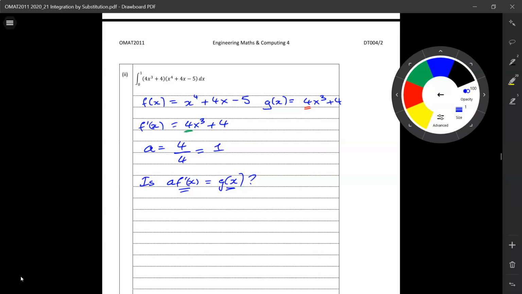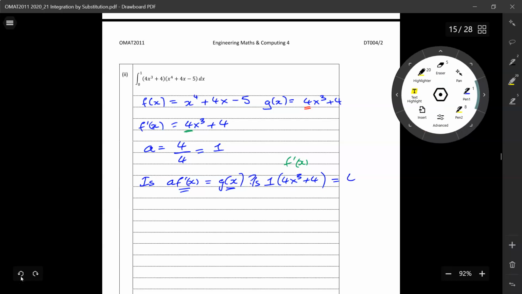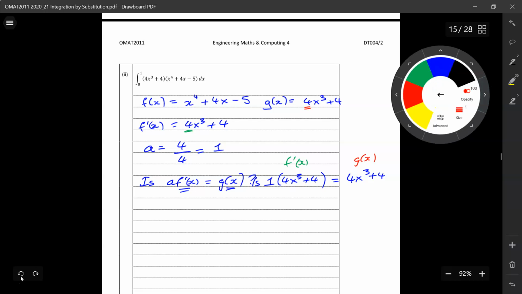So we put in our equation here, a is 1, f prime of x is 4x cubed plus 4, and I'm asking, is that equal to g of x, which is the same function here? And yes, the answer is yes.